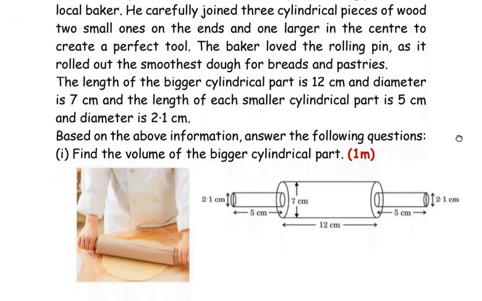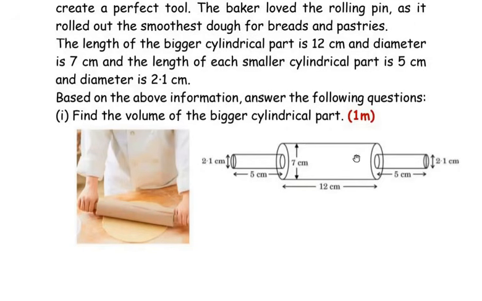The first sub-question is, find the volume of the bigger cylindrical part. So let us try to understand the question first. So a carpenter made a tool for a baker who wanted to bake some breads and pastries. The carpenter designed the rolling pin in such a way that it had 2 small cylindrical pieces of wood at the end and 1 large cylindrical piece at the center.